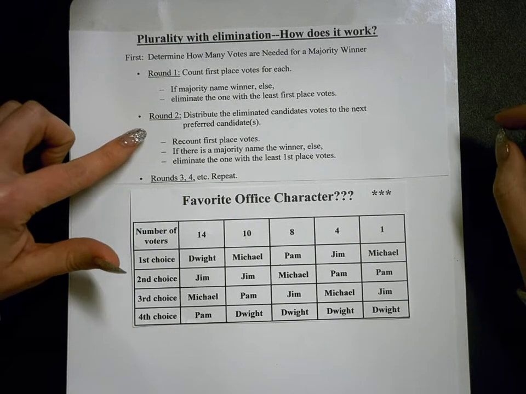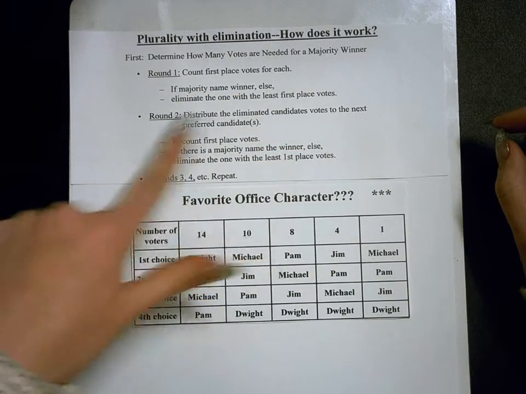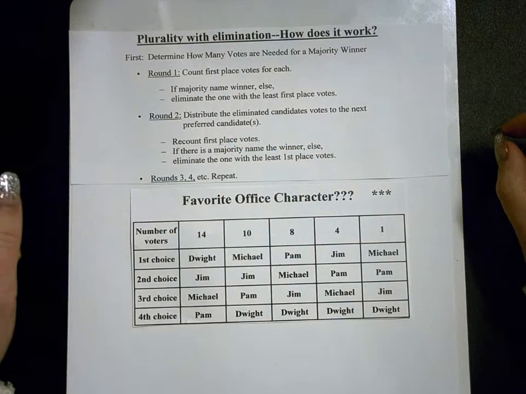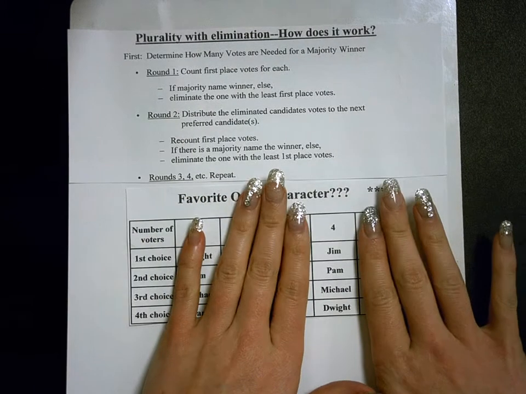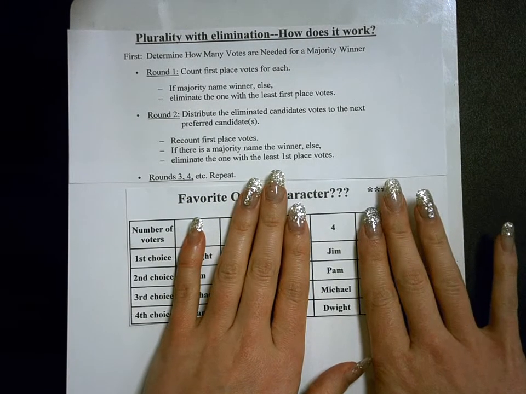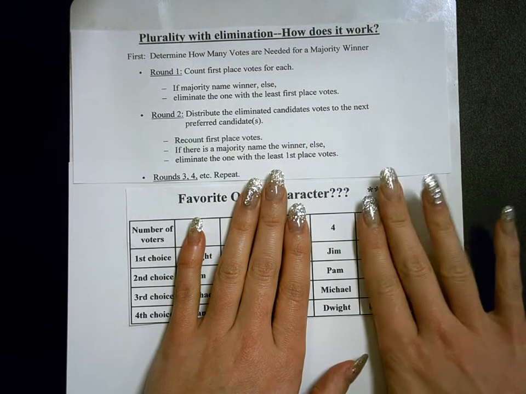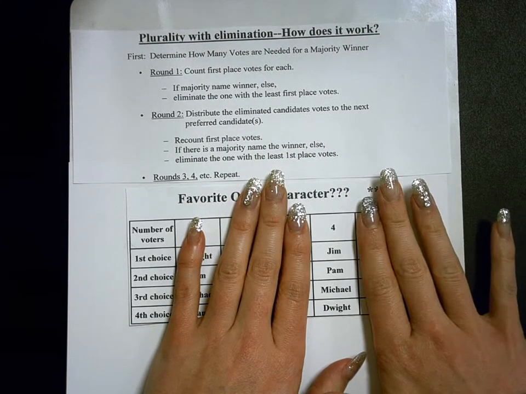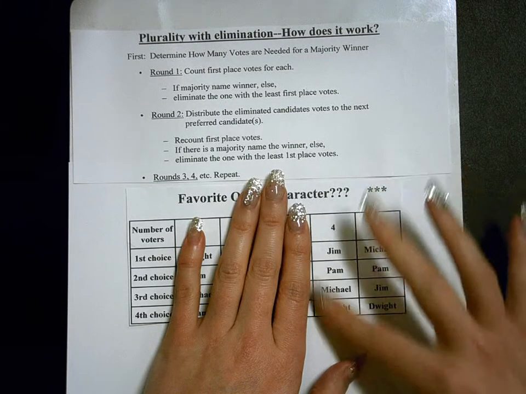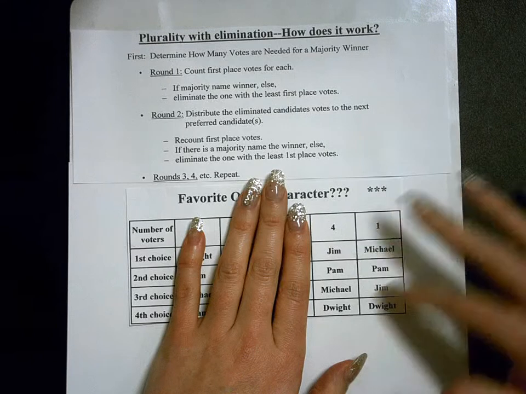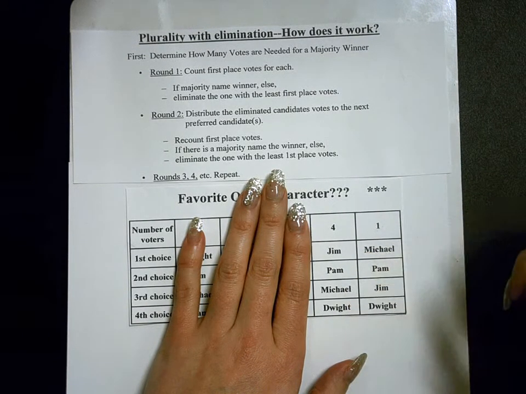In round 2, we distribute the eliminated candidate's votes to the next preferred candidate. Let's look at this one column just to illustrate what that means. Let's say that Jim was eliminated. There are 4 people that voted this particular way: Jim first, Pam second, Michael third, and Dwight fourth.